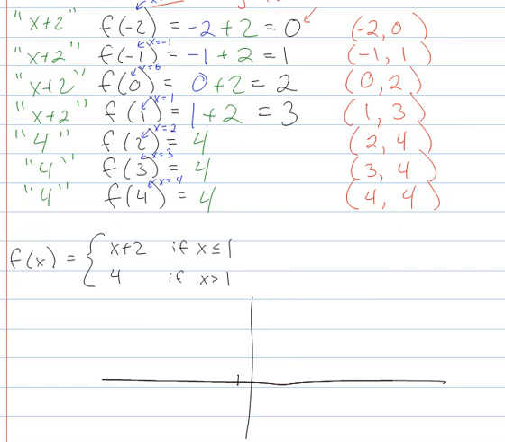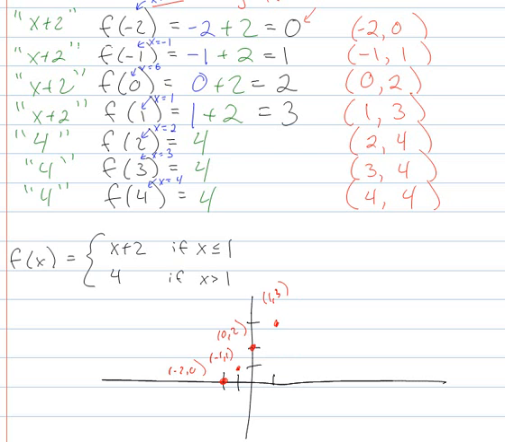All right, so we've got a point over here at negative 2, 0. We've got a point at negative 1, 1. We've got a point at 0, 2. We've got a point at 1, 3.